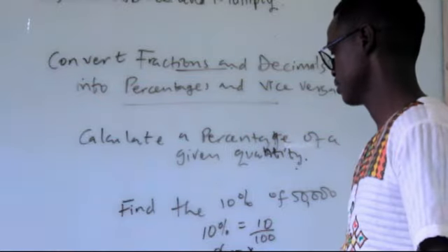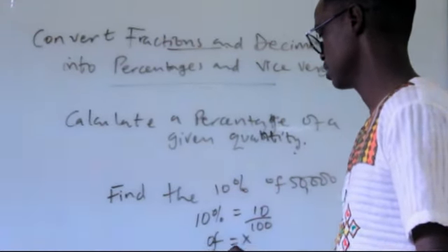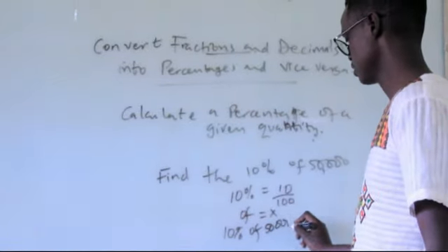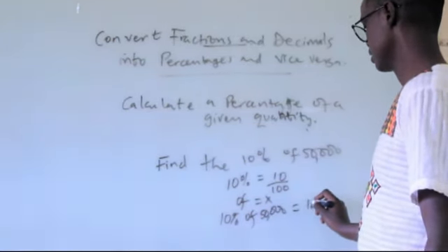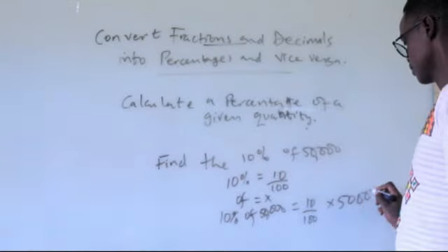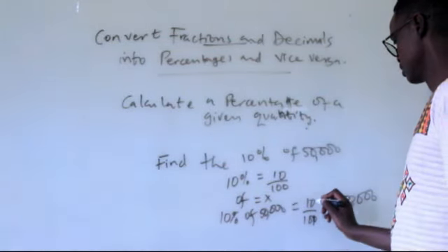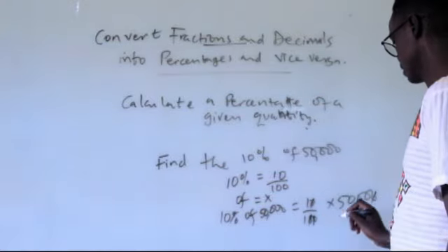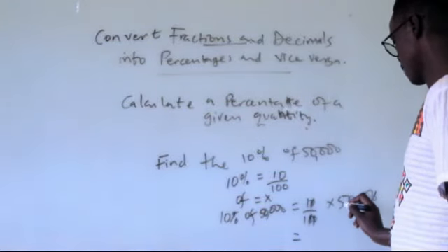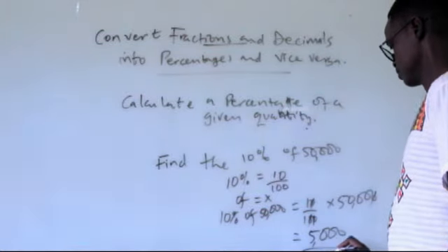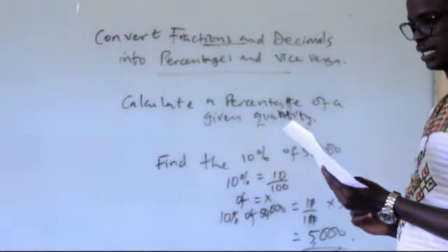So 10% of 50,000 equals 10 over 100 times 50,000. We can now reduce here and there and have 5,000. That's our quantity.